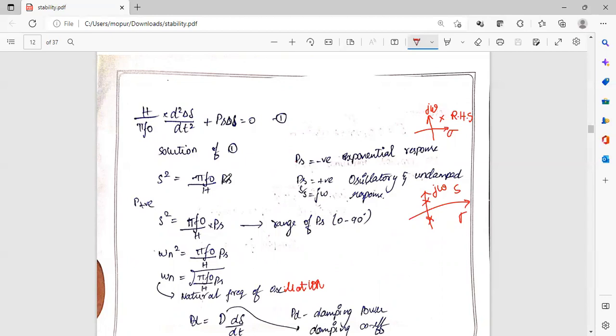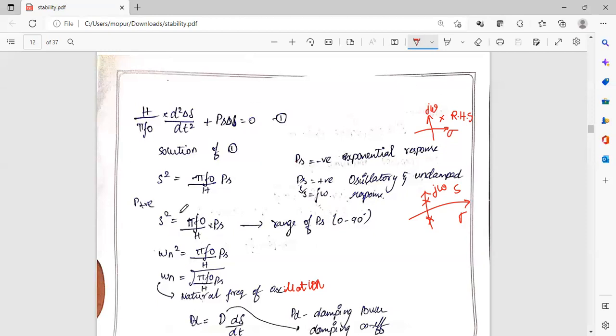So let us derive the equation for natural frequency of oscillation. When Ps is positive, s square is equal to minus pi f naught by H into Ps. We know that s is equal to j omega, so s square will be equal to j square omega n square. j square is equal to minus 1.